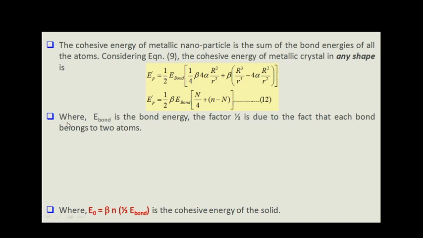I mention here that E bond is the bond energy, but the factor of 1/2 gives you an idea that with 2 atoms there would be 1 bond, and therefore on an average it should be multiplied by 1/2. So, bond energy multiplied by 1/2 times the available number of candidates. This square bracket is giving us the information about the candidates, how many are available. So, let us check it up one by one.